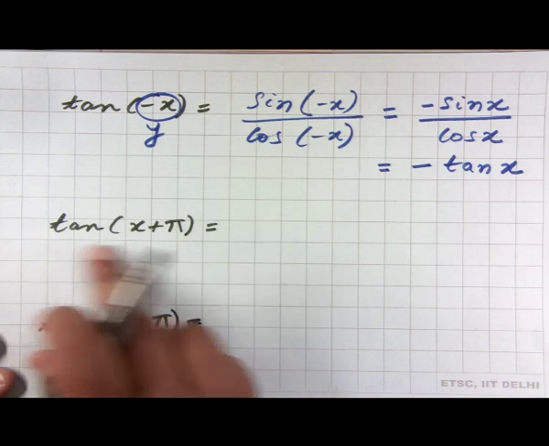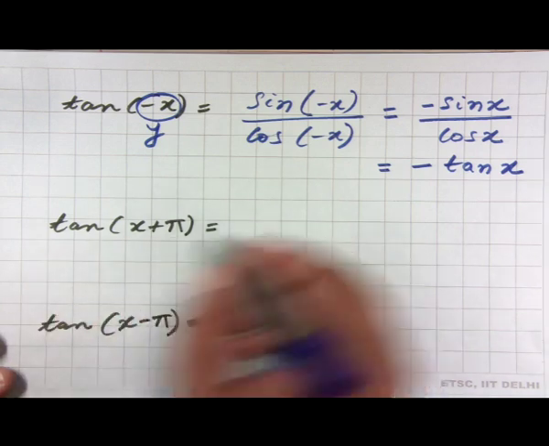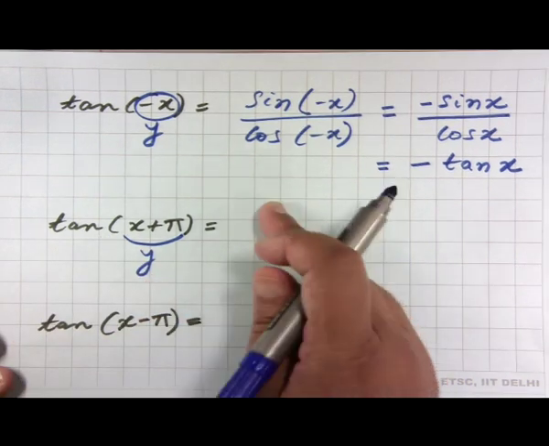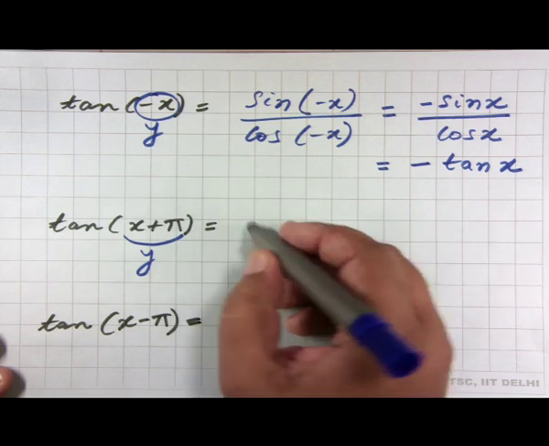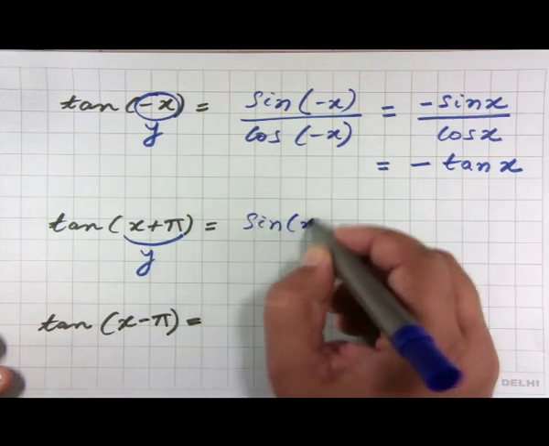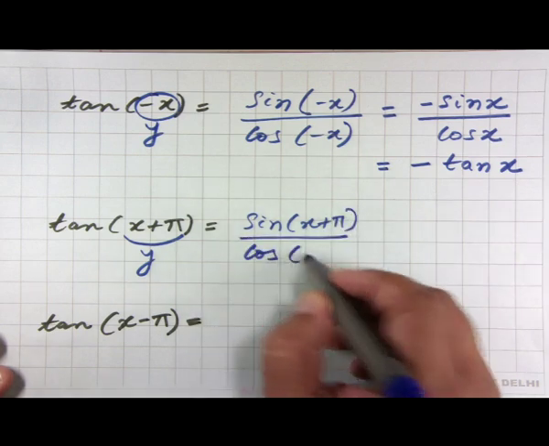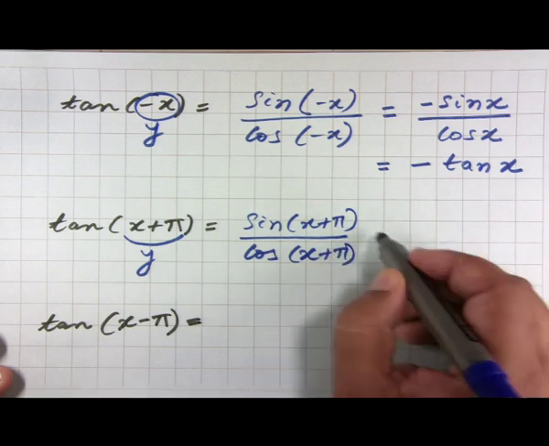We can find tan of x plus pi, again taking this as y, tan of y is sin y by cos y. So, it is sine of x plus pi by cos of x plus pi.